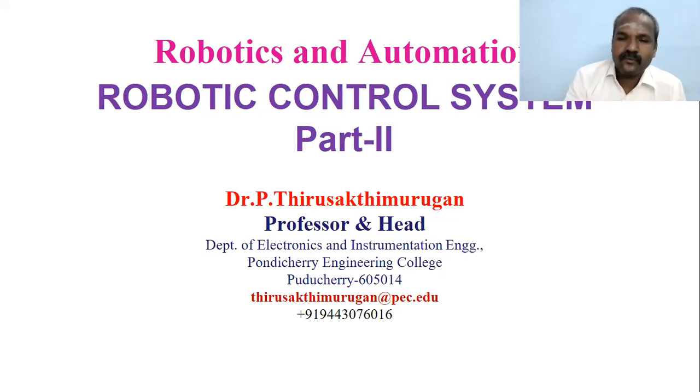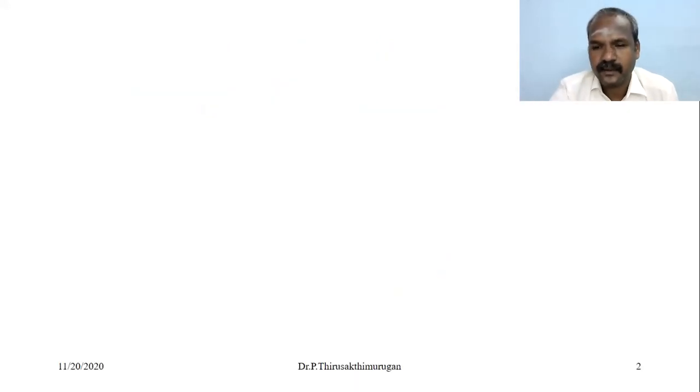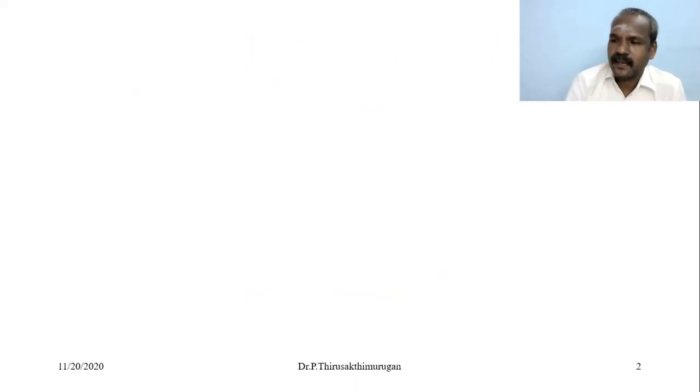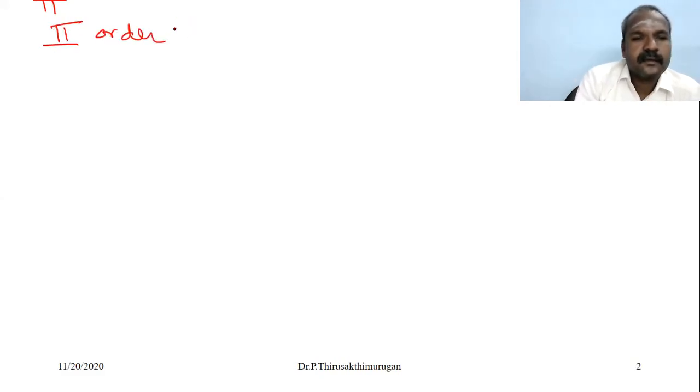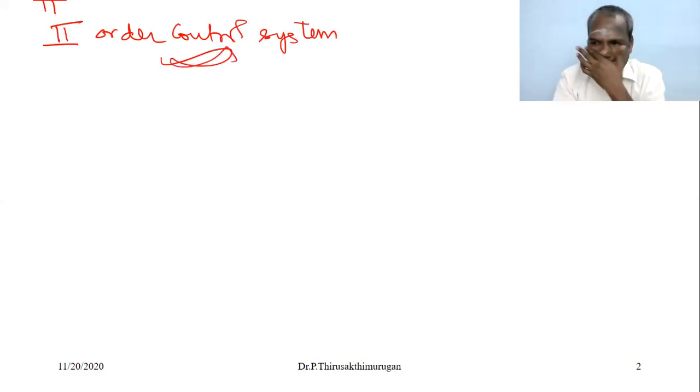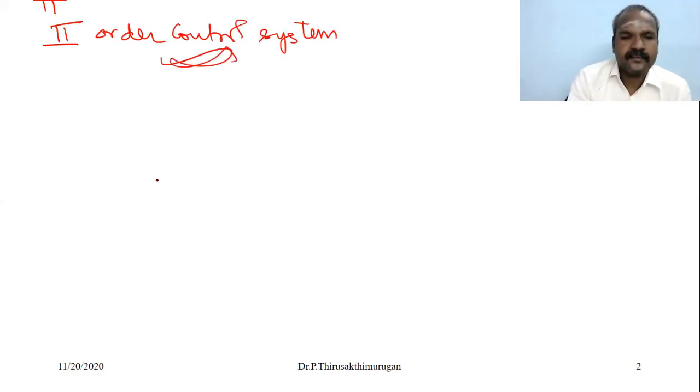Why are we again dealing with this second order control system? Say again, the control of a second order control system. So again we go back to the diagram.